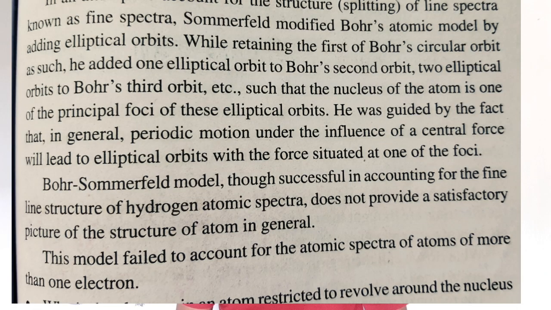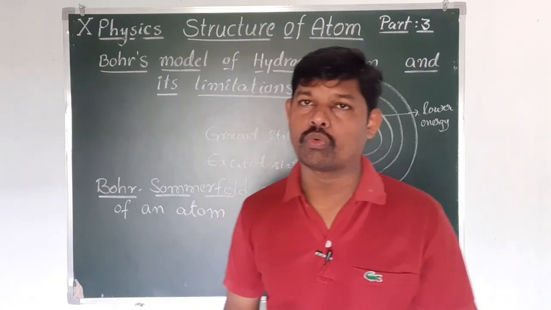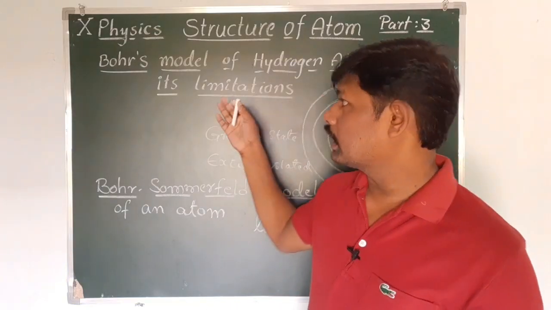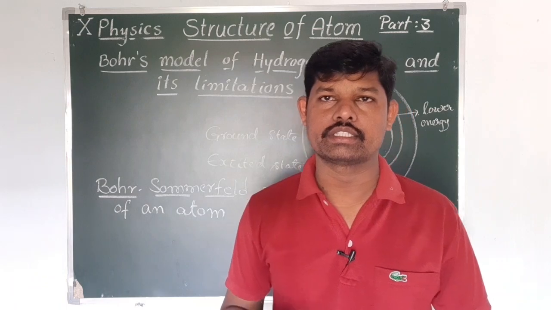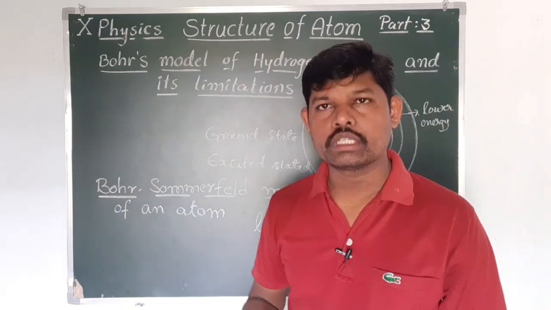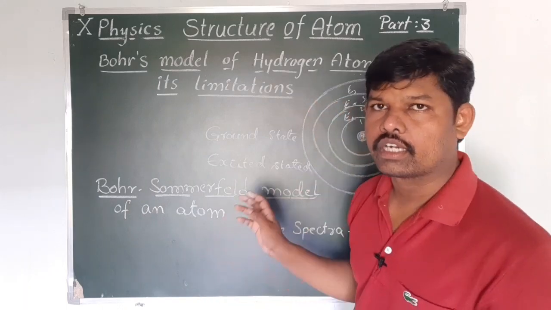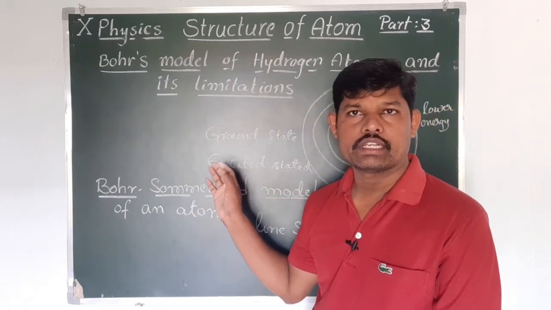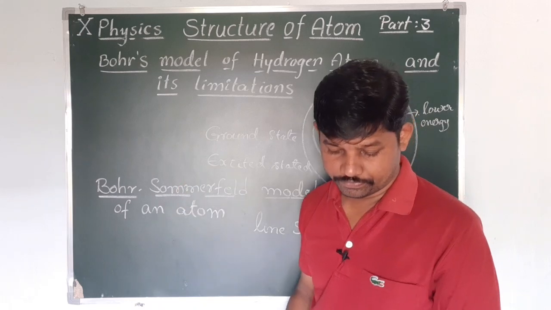This model failed to account for the atomic spectra of atoms with more than one electron. Only one electron is present in the hydrogen atom, so it is successful for that. For more than one electron, it is not successful in explaining the structure of the atom.